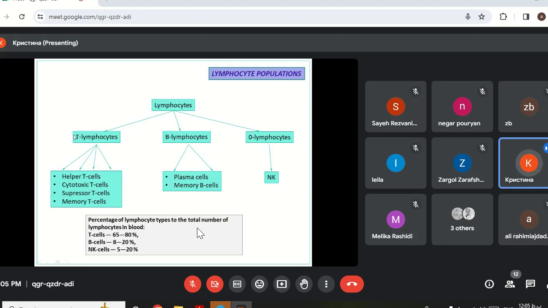T lymphocytes are subdivided into helper T cells, cytotoxic T cells, suppressor T cells, and memory T cells. And here you can see the percentage of different types of lymphocytes in blood.